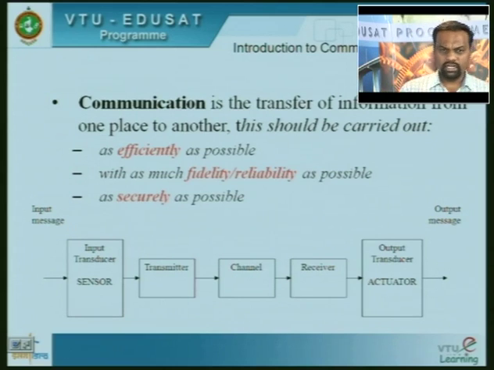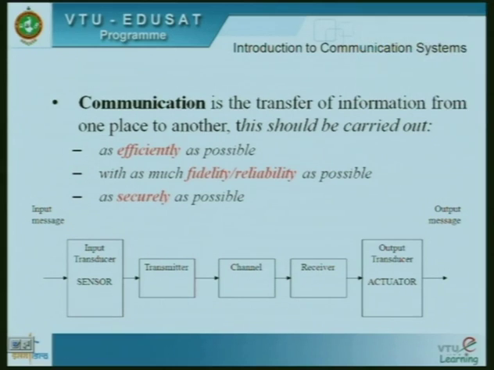Let us understand the very basic aspects of communication, the definition of communication. Many authors have used this definition to tell what communication is all about. Communication is the transfer of information from one place to another.